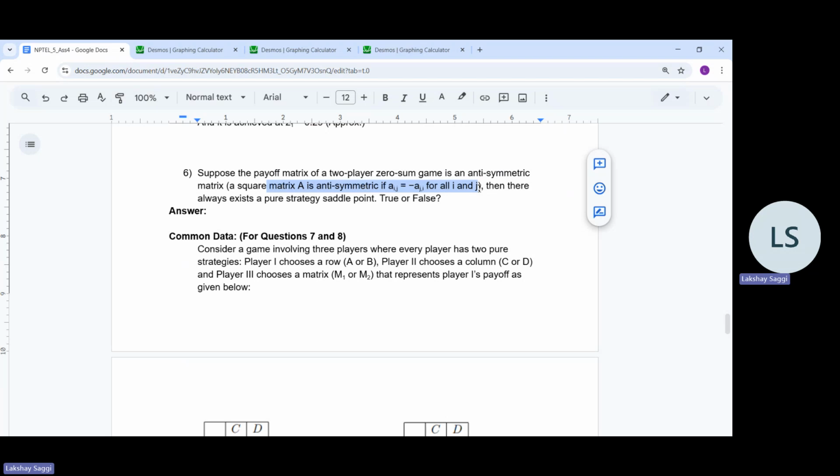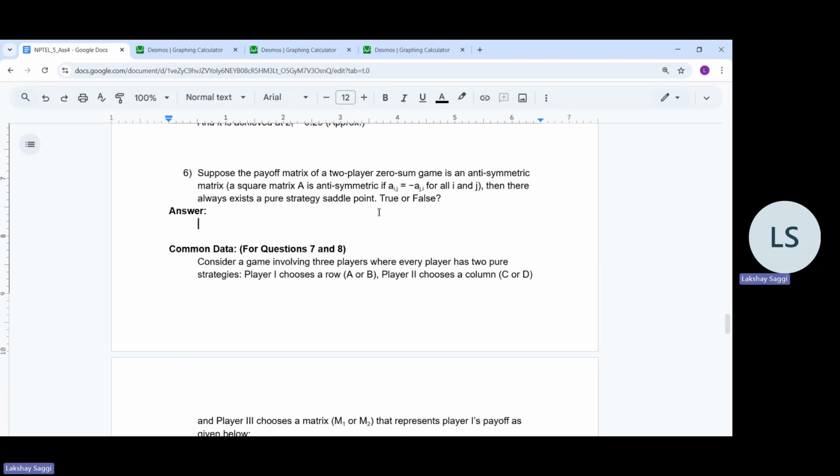So A plus A transpose should be equal to a zero matrix. The problem says that suppose the payoff matrix A is antisymmetric. Then there always exists a pure strategy saddle point. Is this true or false?